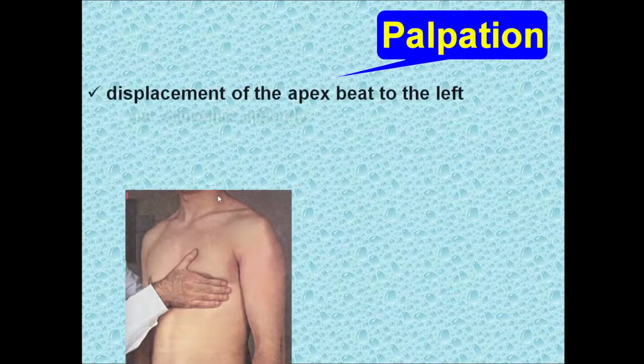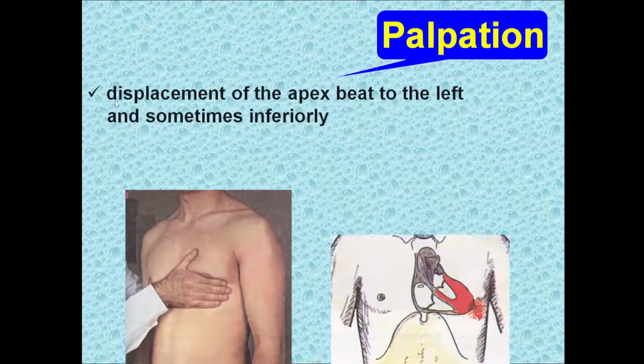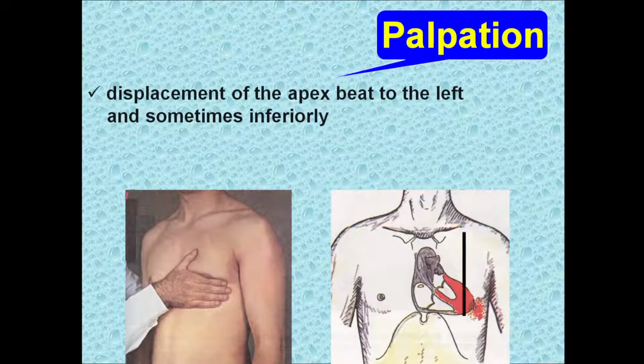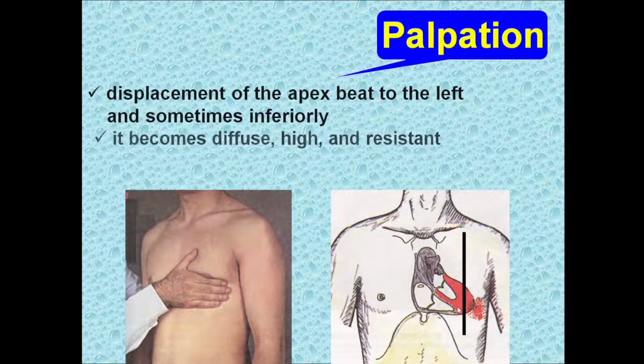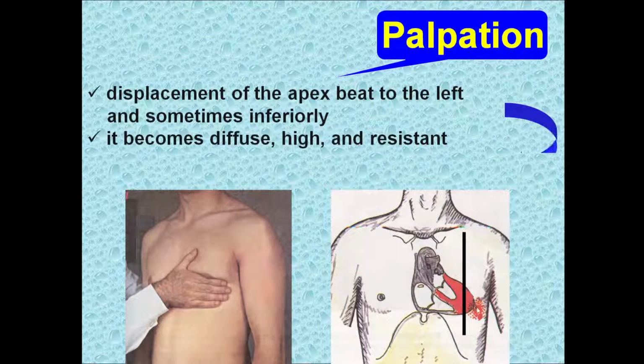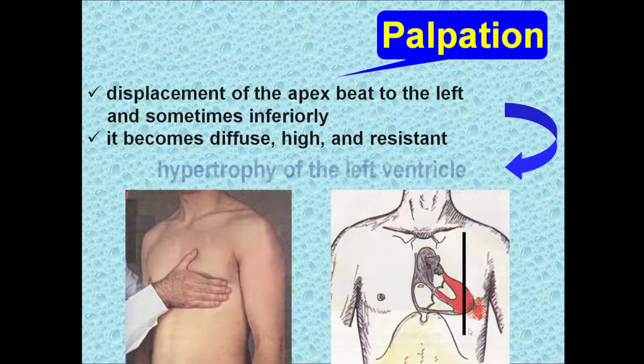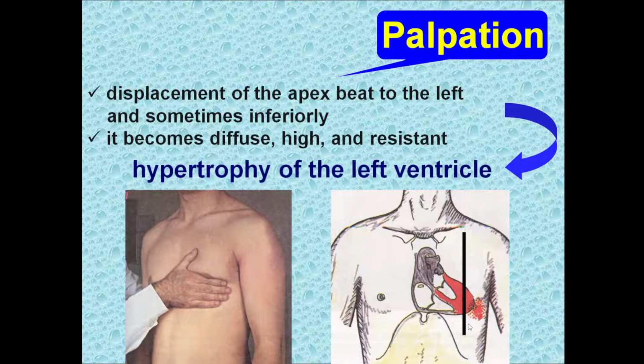On palpation, we reveal displacement of the apex beat due to the hypertrophied left ventricle. It is displaced laterally from the mid-clavicular line, becomes diffuse, high, and resistant.